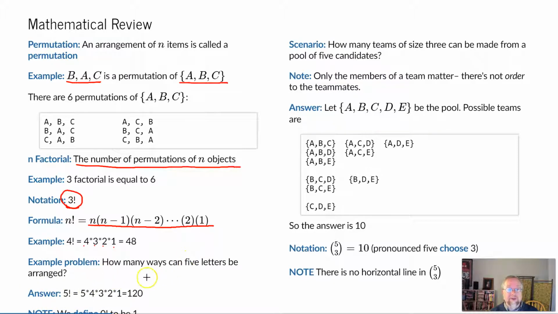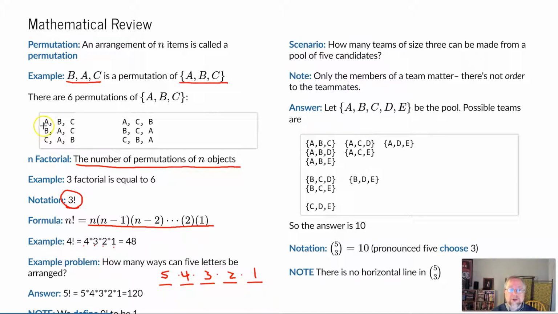How many ways can 5 letters be arranged? Of course, those are distinct letters, and that's 5 factorial. And if you think about it, letter 1, letter 2, letter 3, letter 4, letter 5, you have 5 choices for the first letter, 4 for the second, 3 for the third, 2, and then you don't really have any choice for the last letter. 5 times 4 times 3 times 2 times 1. And you saw that here, right?